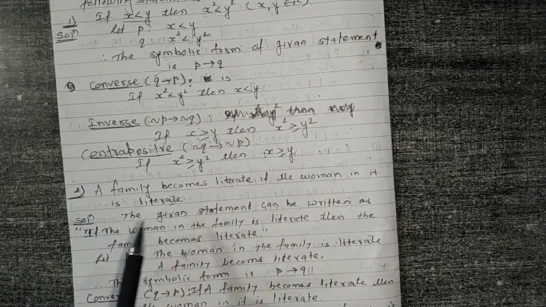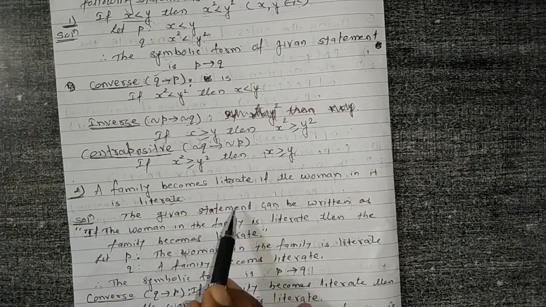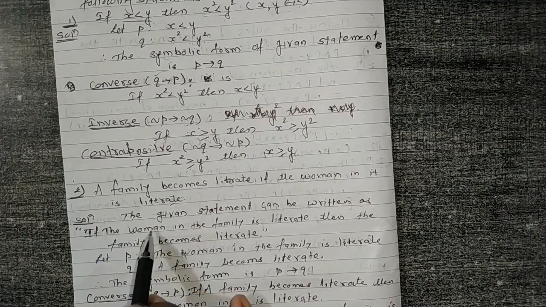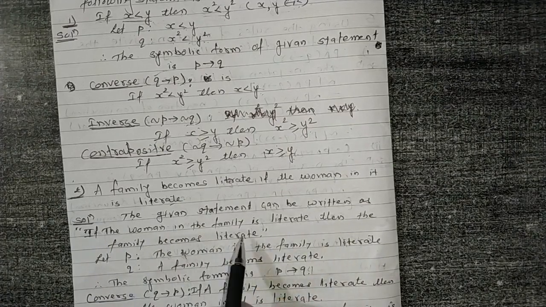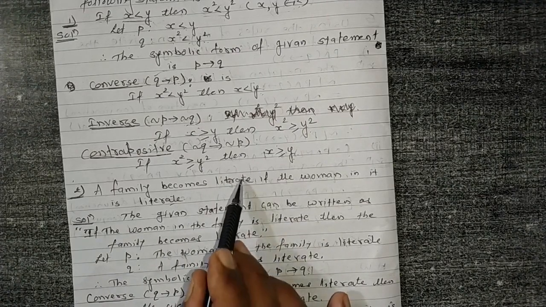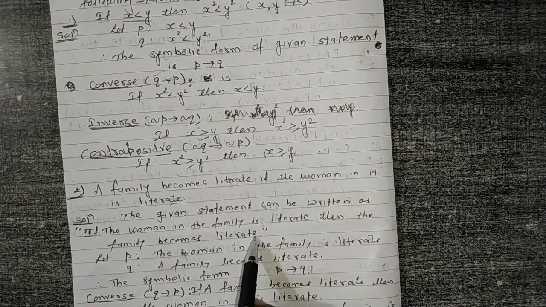This statement can be written in the if-then form as, if the woman in the family is literate, then the family becomes literate. Both the statements are the same.